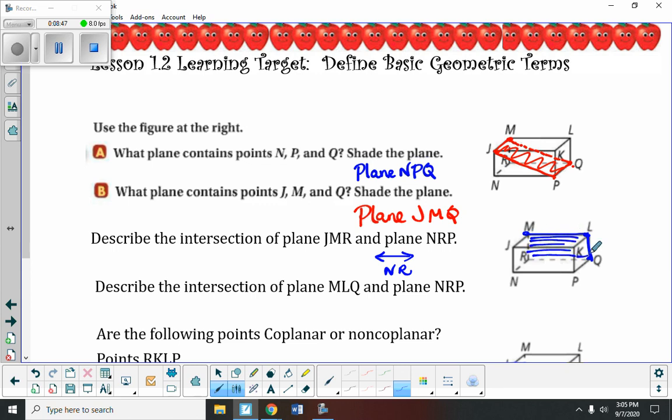And plane NRP. NRP. Let me use different colors. Oh, that's the bottom. So what is the intersection going to be? First of all, think about what is the shape of the intersection. It's a line. They would meet right here. So we would say that is a line, and it would be line RQ.